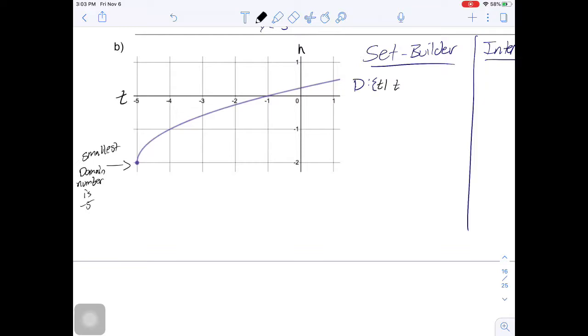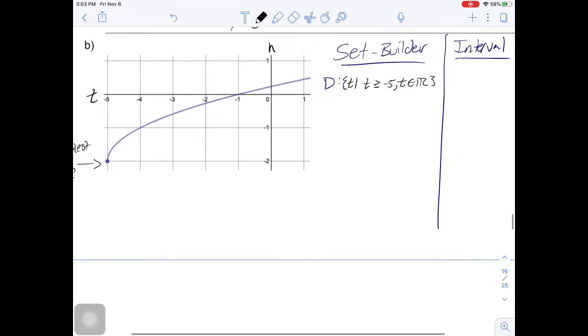So t is going to be greater than or equal to negative 5. This is going to go on forever in the domain way to positive infinity because it goes off the graph. So you can assume it keeps continuing on. And t is going to be any type of real number because it's continuous data.